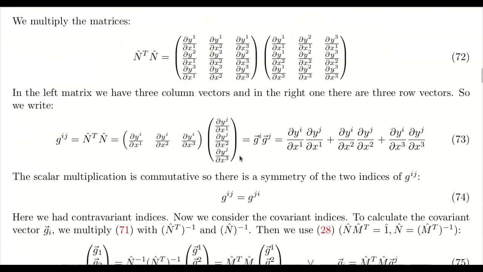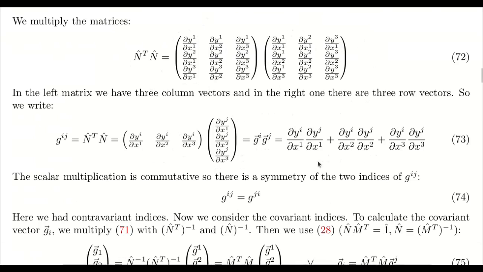So, okay, we can write for the left vector, G vector with index I, and for the column vector, G vector with index J. Or if we want to write down explicitly the result of the multiplication, then we have these differential quotients.